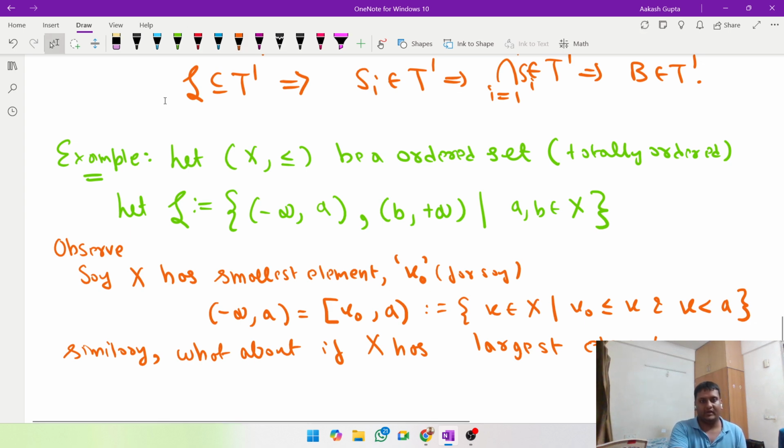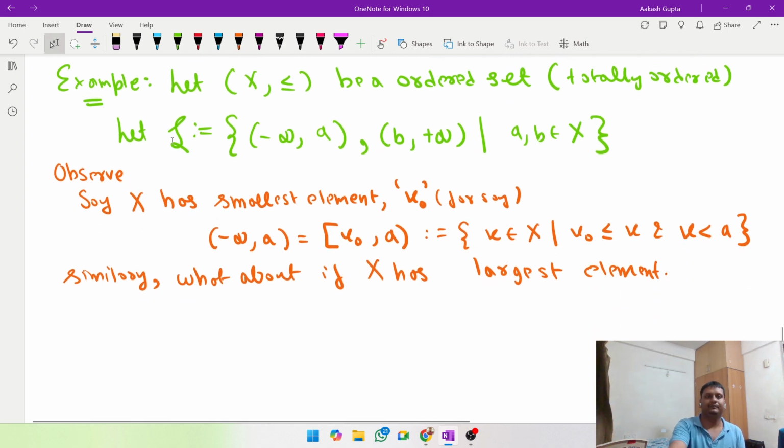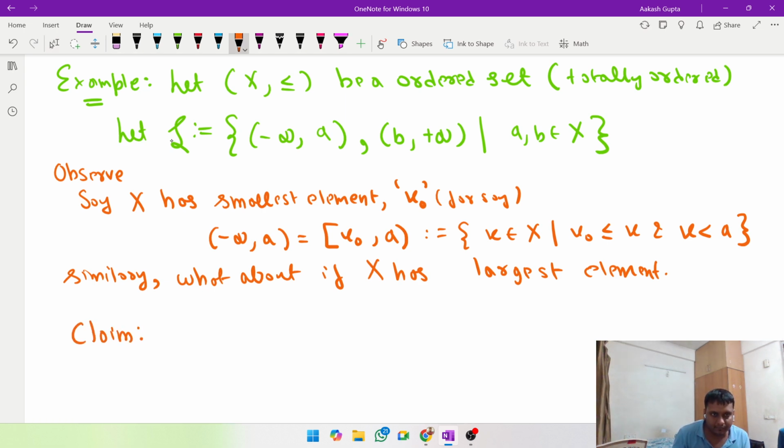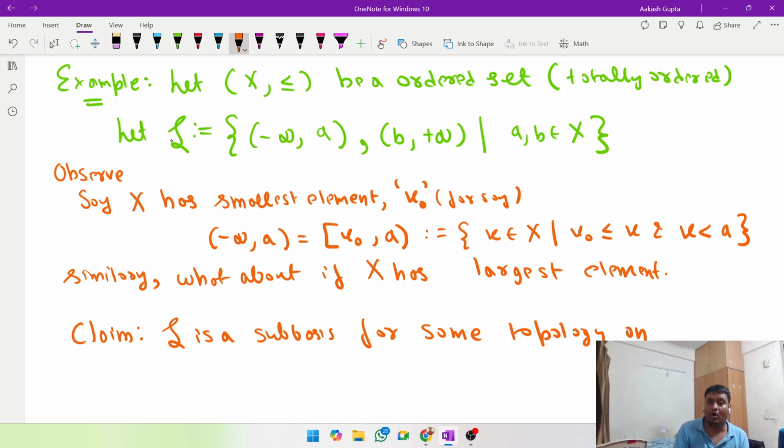So what is our claim? Claim: script S is a sub-basis for some topology on X. That is what our claim is.